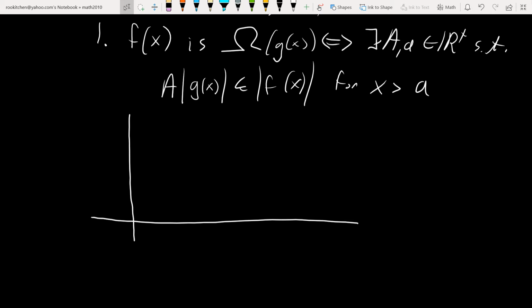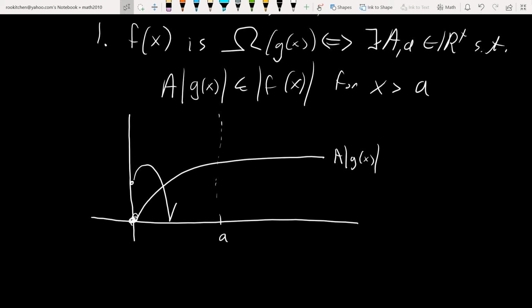We're saying there's this function g of x that is always going to be less than the number of operations f of x eventually. So let this be the absolute value of g of x times a, and a is on the x-axis. In the beginning, maybe f of x is bouncing up and down, maybe it goes below, but eventually it's going to go above g of x always.